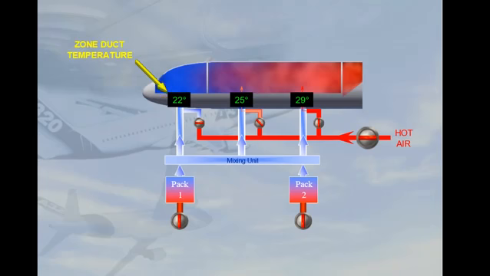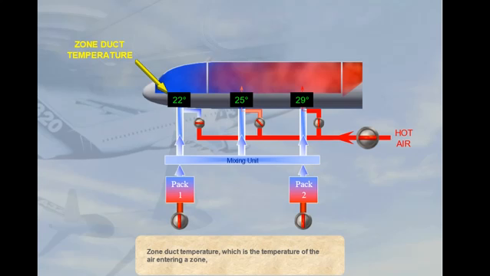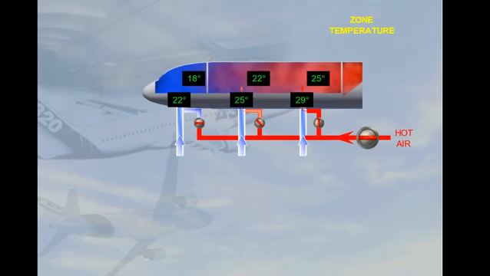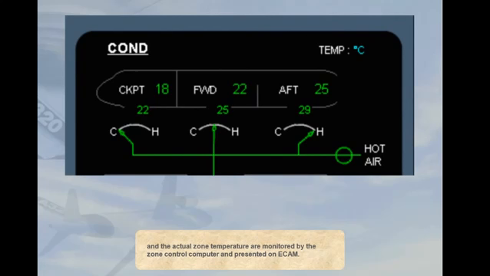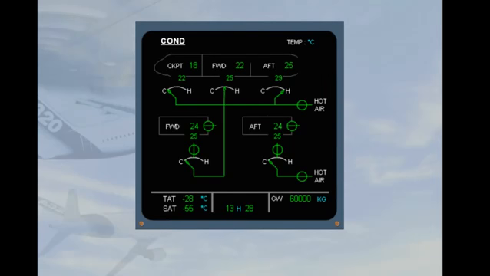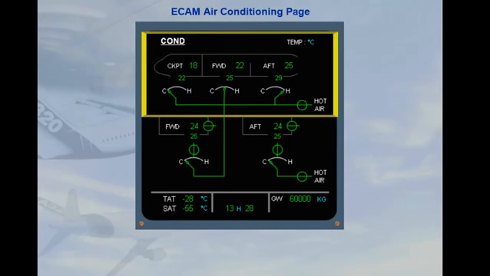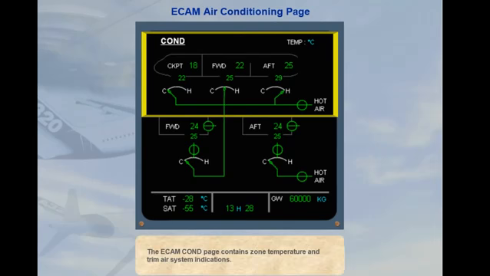Zone duct temperature, which is the temperature of the air entering a zone, and the actual zone temperature are monitored by the zone control computer and presented on ECAM. The ECAM COND page contains zone temperature and trim air system indications.